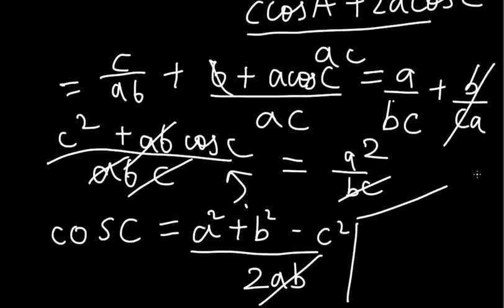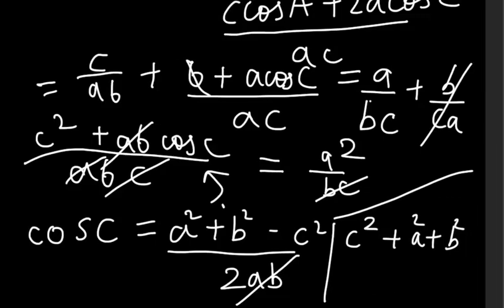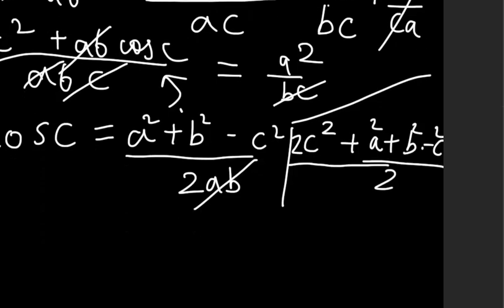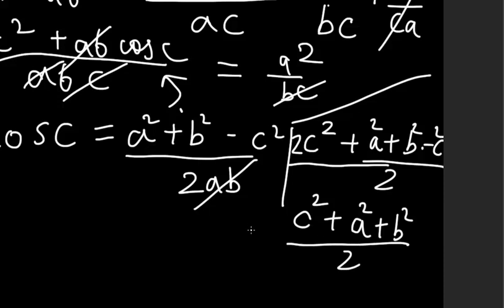I'll just try to write it down here. We are left with c square plus a square plus b square minus c square, I'm again running out of space, minus c square divided by 2, and if you just take the least common multiple, it's going to be 2c square plus a square plus b square minus c square, which will be c square plus a square plus b square divided by 2, and all of that is equal to a square.